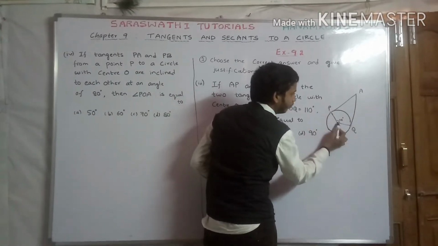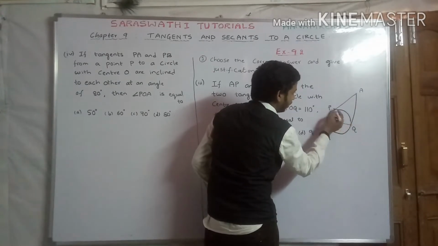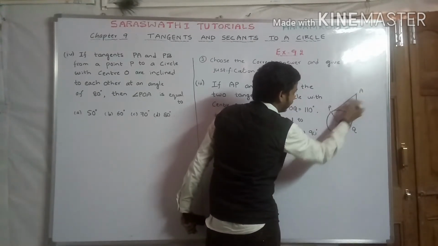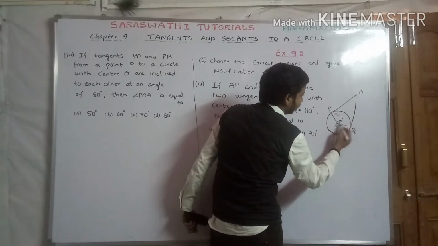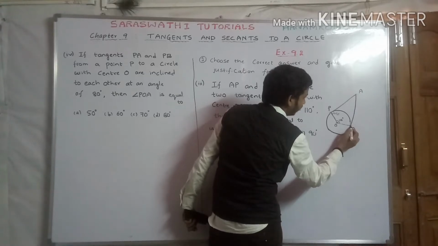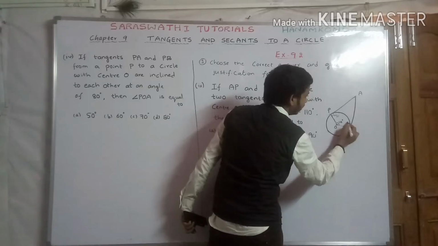OP and OQ are radii, so OP is perpendicular to AP, which means angle OPA is 90 degrees. Similarly, OQ is drawn through the point of contact Q, so angle OQA is also 90 degrees.